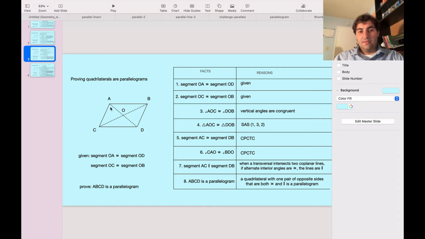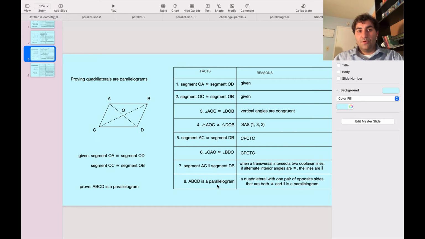Well, we know when a transversal intersects two coplanar lines, if alternate interior angles are congruent, then the lines are parallel. Angle CAO and angle BDO are alternate interior angles, right? If you take diagonal AD as the transversal, they're on opposite sides of the transversal and in the interior region bounded by sides AC and BD. So we know that segment AC is parallel to segment DB.